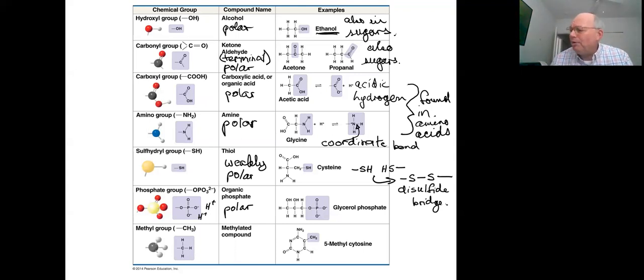The one non-polar functional group is the methyl group. And the reason why we include this here is because we now recognize that the addition of methyl groups to the C nucleotide in DNA is a way of regulating genes. And so here you can see the nitrogenous base part of the C nucleotide, what actually gives the C nucleotide its C designation.